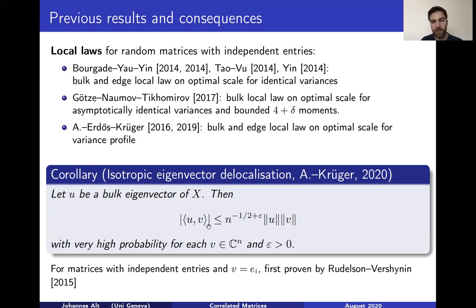And that says that there are no directions where u is exceptionally large. In particular, if you compute this for a deterministic basis, it means that u is essentially flat, because you would expect that all these overlaps are at least of size n to the minus 1/2.